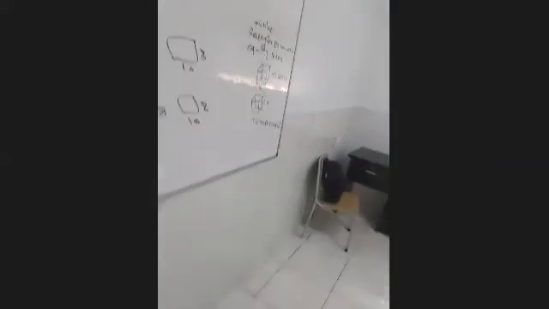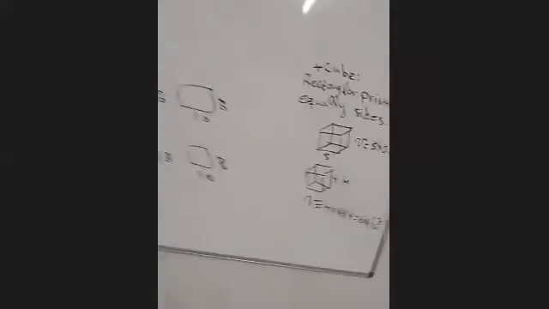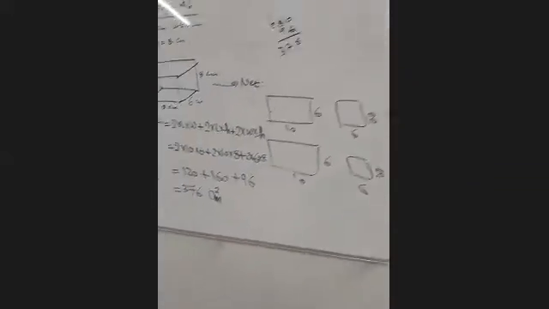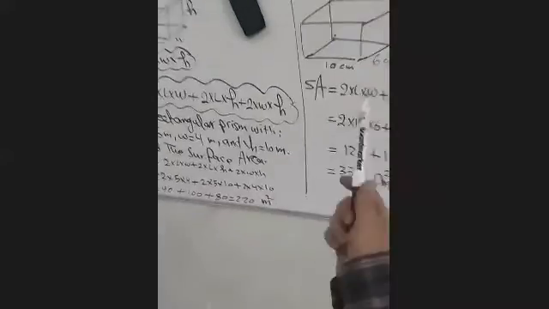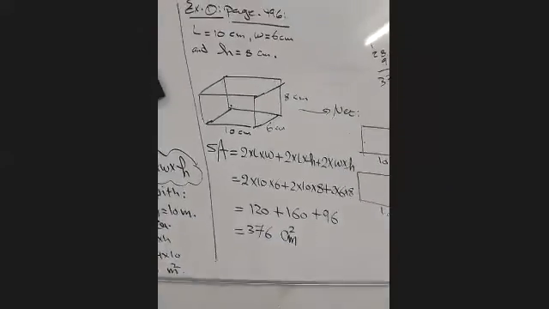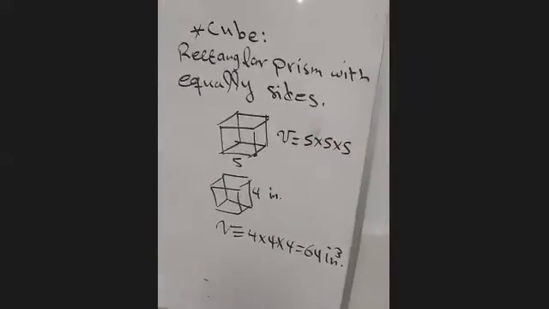Just the net, but in example 2, they want the surface area, so we will start with it tomorrow, inshallah. Today I just want you to understand the idea of how to find the surface area of a given rectangular prism.